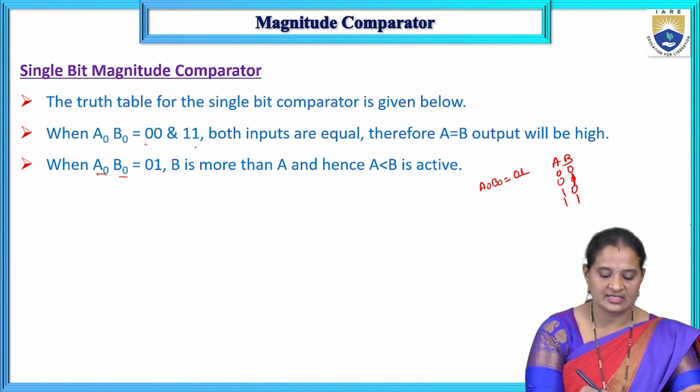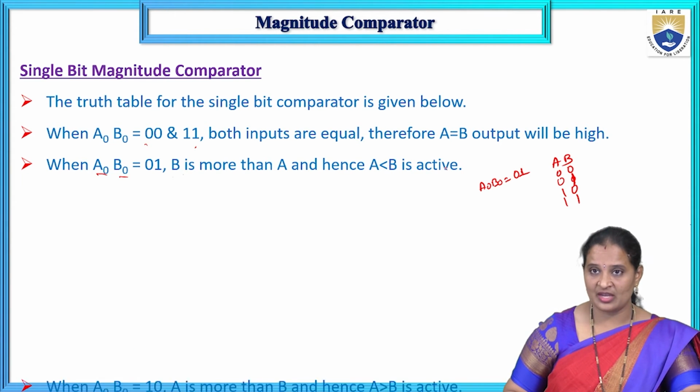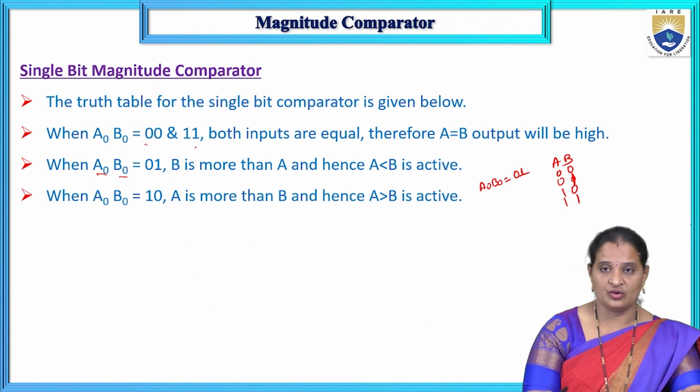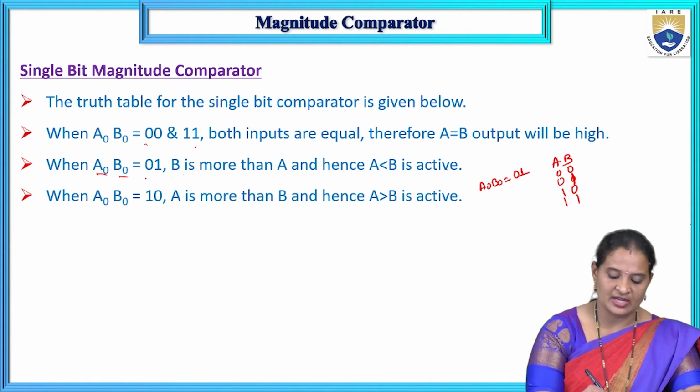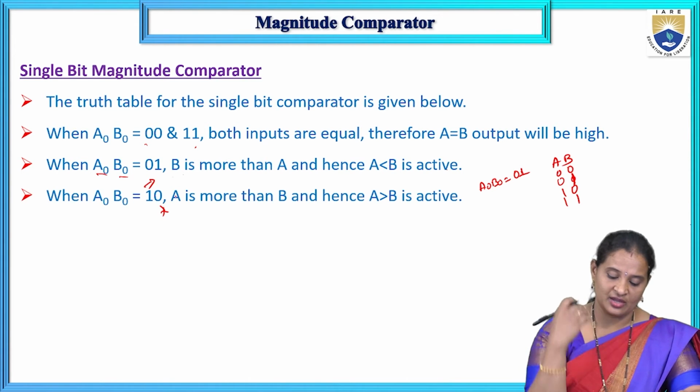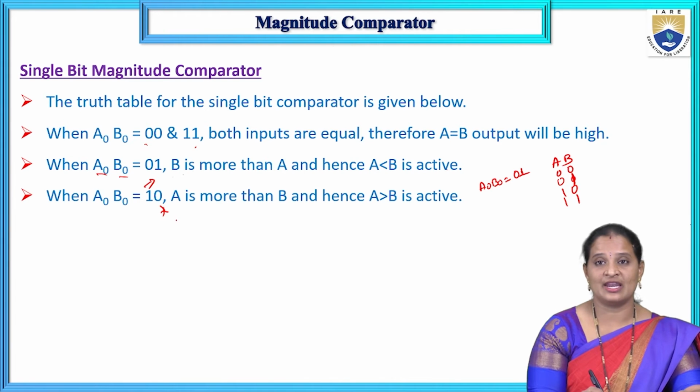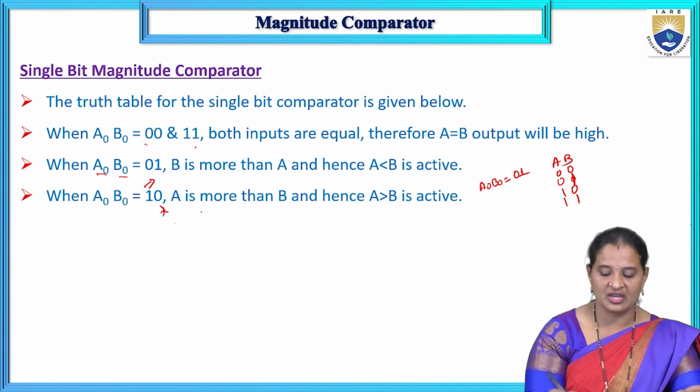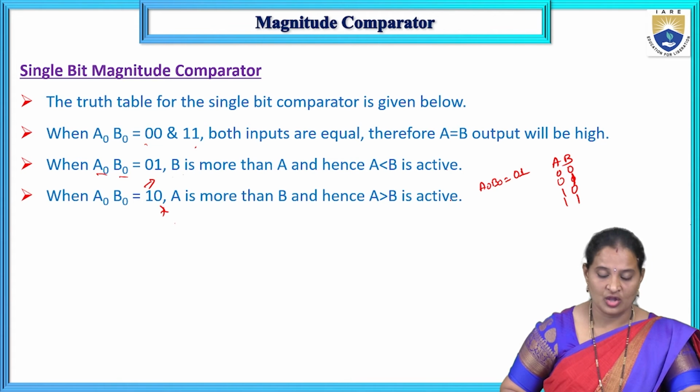So I can say that A is less than B. So A less than B is active, and the remaining two are 0, or inactive. So when A naught, B naught is equal to 1 0, that means A naught value is 1 and B naught value is 0. So that indicates that A is greater than B. In this condition, the A greater than B output is high and the remaining two outputs are low.